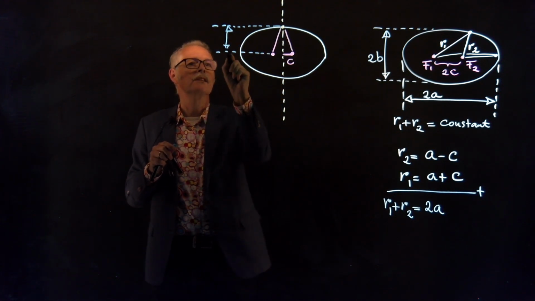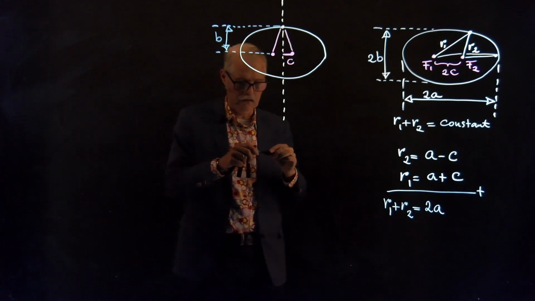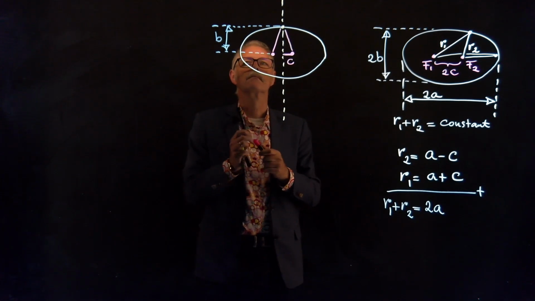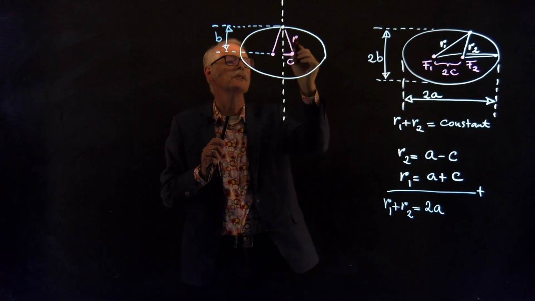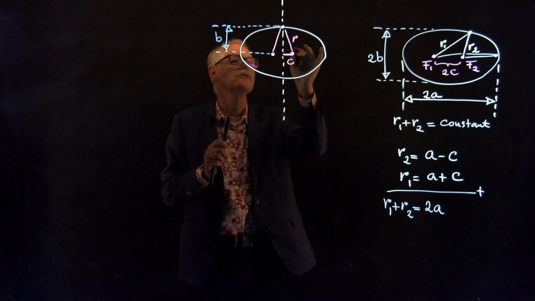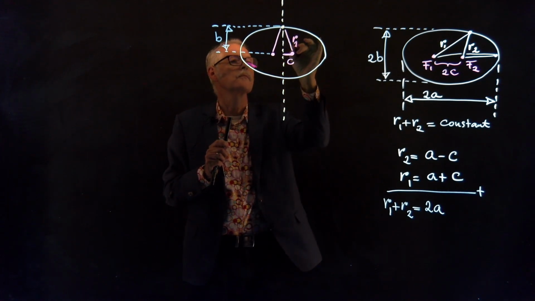And you see that this is an opportunity for applying Pythagoras' law, namely, this is the hypotenuse. It's called R, which is the same R1 and R2. Let's say this is R2.